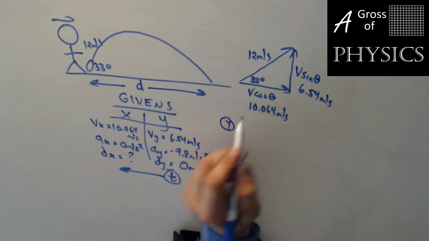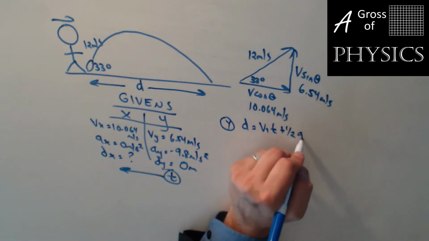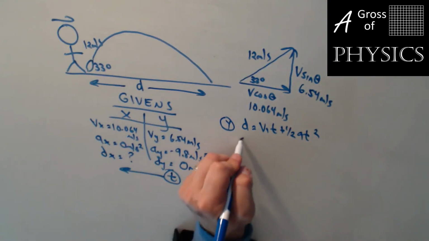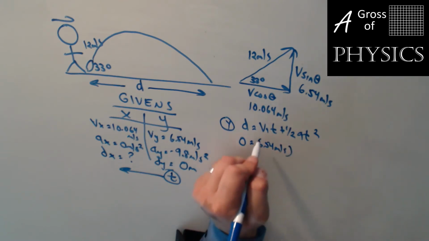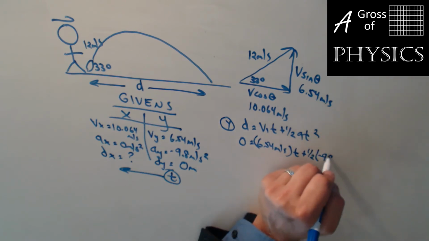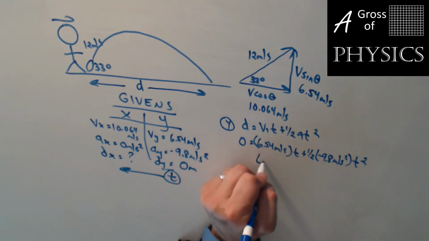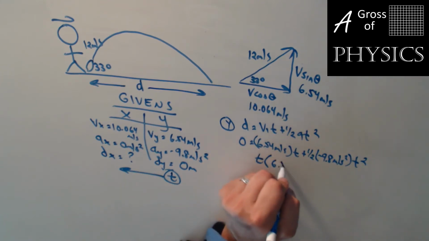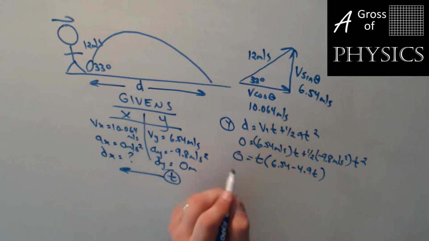So for the y, d equals vi t plus 1/2 a t squared. 0 equals 6.54 times t plus 1/2 negative 9.8 t squared. Factor out a t: 6.54 minus 4.9t. Those all equal 0.